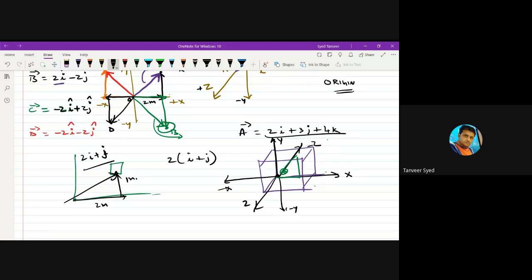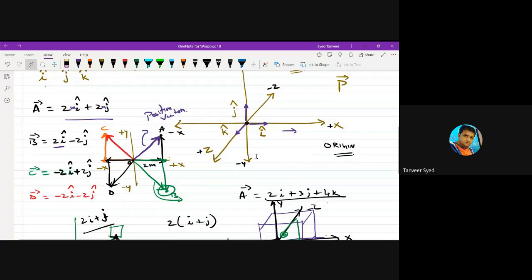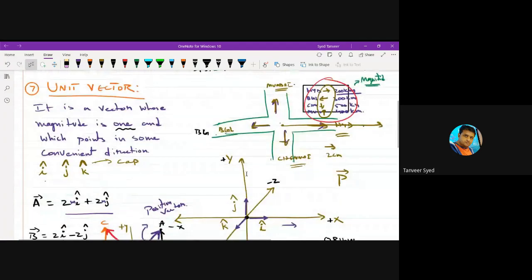Like this, try to think of some vectors using position vectors i, j, k. This is the work for you from this topic. Okay, so that's about unit vector.